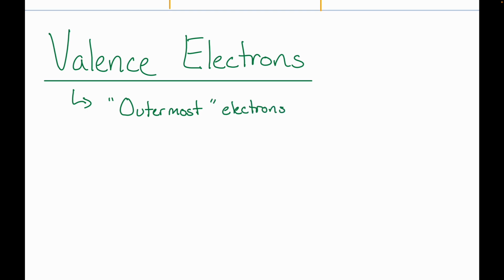I'm putting that in quotes because they are physically the most distant from the center of the nucleus, but really what we mean by outermost is the highest energy electrons. An atom's valence electrons are super important because these are the electrons that participate in chemical bonding.